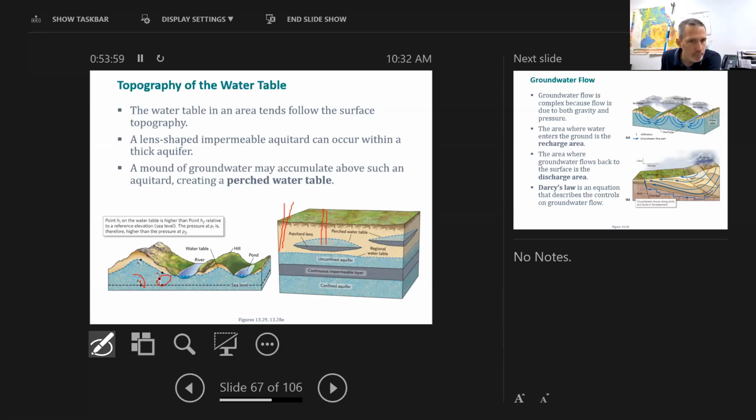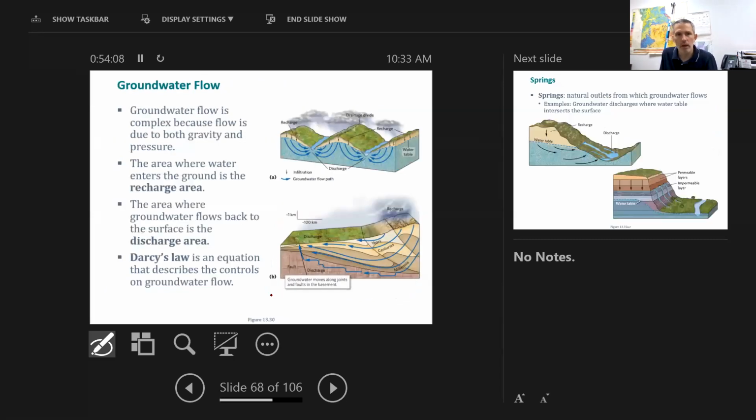Point 2 has less water pressure, and so this water is actually going to move in that direction, from the higher pressure to the lower pressure. We can actually calculate how fast this water is moving, and this is known as Darcy's law. It's an equation that lets us monitor the rate at which water is flowing.